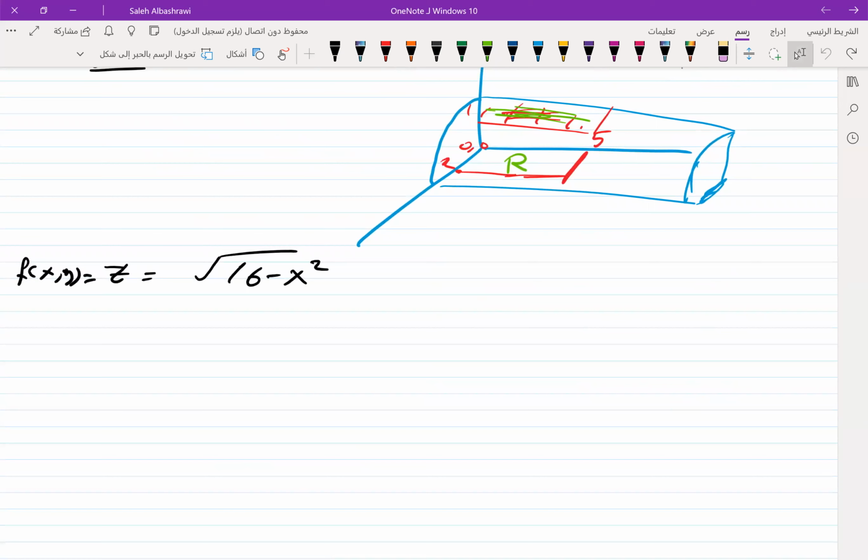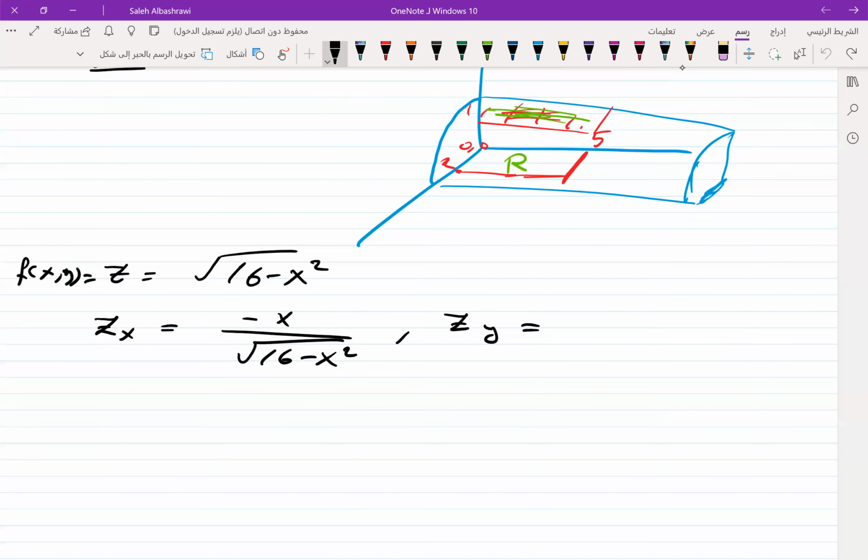So f sub x, or z sub x, is the partial derivative with respect to x, which gives minus x divided by square root of 16 minus x squared. Z sub y: there's no y, so the partial derivative with respect to y will be 0.